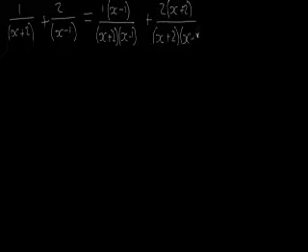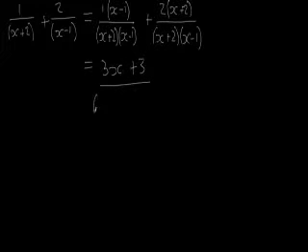Now expand the brackets and you gain a final answer of 3x plus 3 all over the same denominator again, x plus 2 times x minus 1.